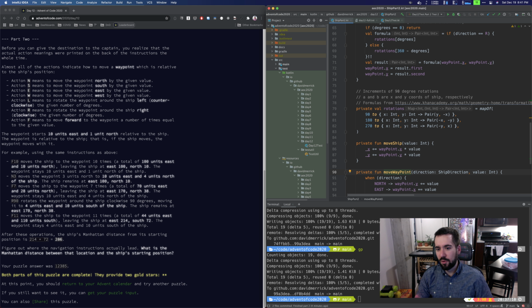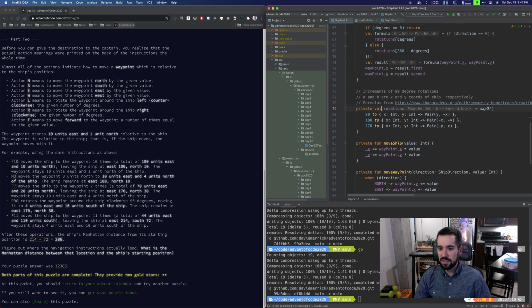If we're assuming that the waypoint is relative to the ship, we can assume that the ship is 0,0. It's the origin, and that greatly simplifies this equation. And when you rotate a point 90 degrees around the origin, no matter where it is, it turns out that you can easily get it as y, negative x. So you basically swap the x and y values and make the y value the negative of the x.